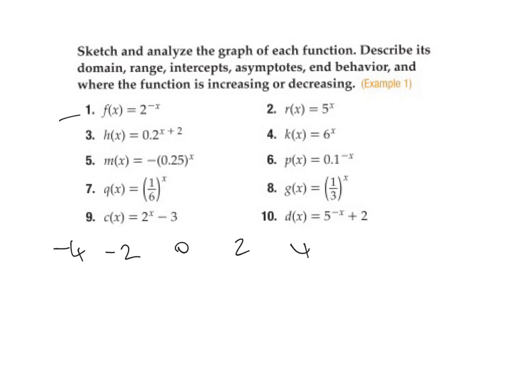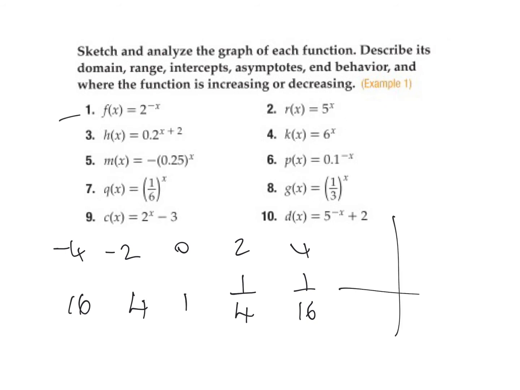Let's see what happens at those. 2 to the -4 is 2 to the 4, which is going to give you 16. 2 to the 0, anything to 0 is 1. 2 to the -2 is going to be 1 over 2 squared, which is 1 over 4. And 1 over 16.